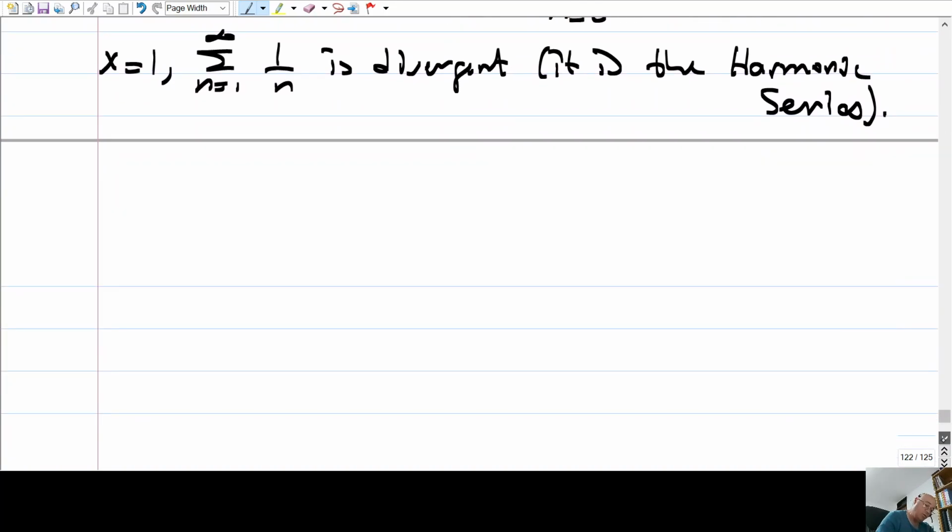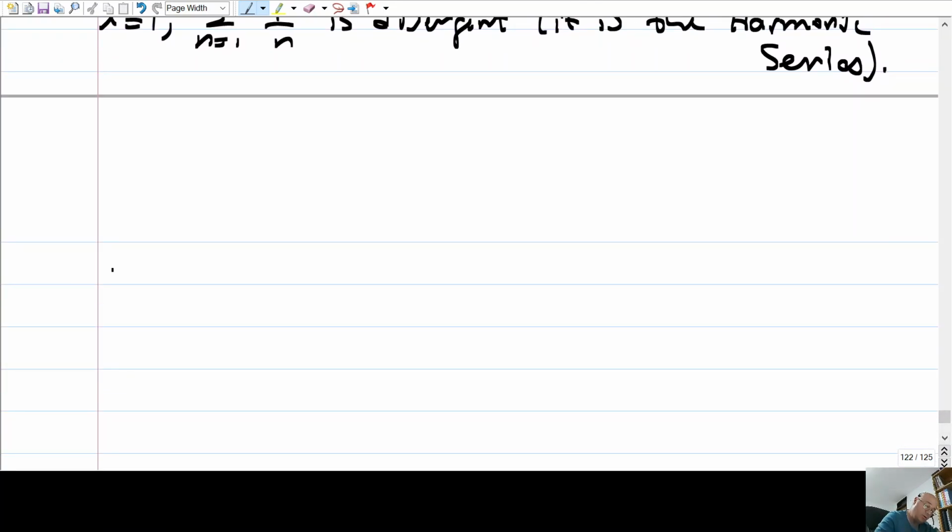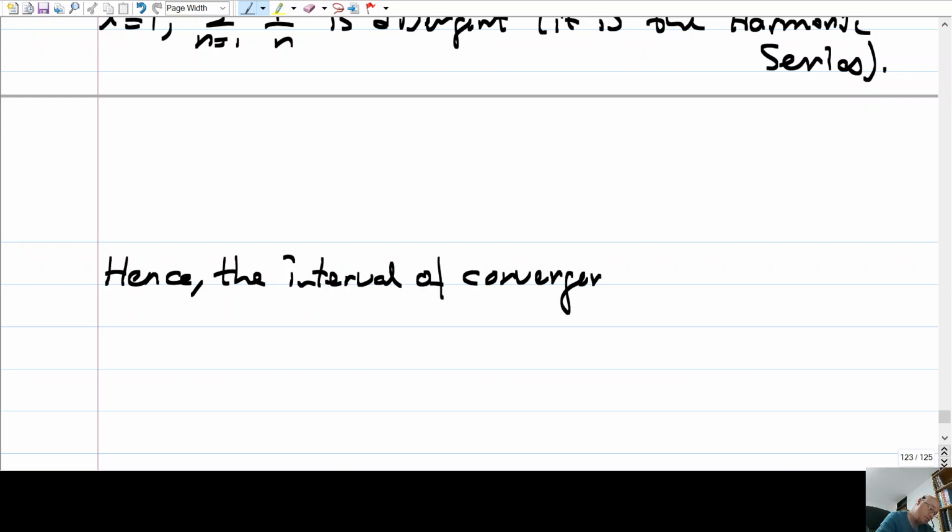Okay, so what is the interval of convergence? Hence, the interval of convergence is minus 1 is included, but 1 is not. All right, so it is this one.